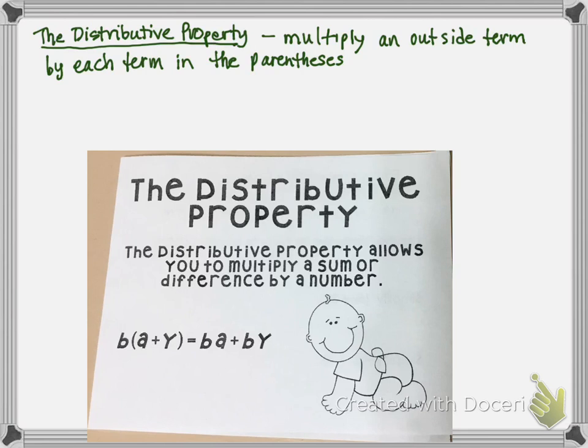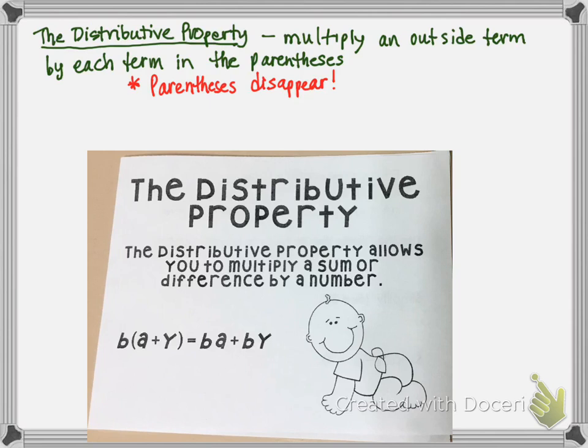Okay. Now, what happens when I went from the 3 times the quantity 15 plus 20 to the 3 times 15 plus the 3 times 20? Well, number one thing, most important, parentheses disappear. Now this is extraordinarily important because we're going to come across problems where inside the parentheses is a variable.